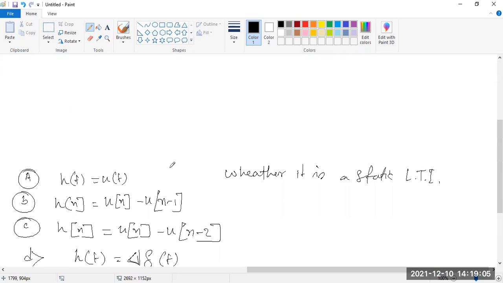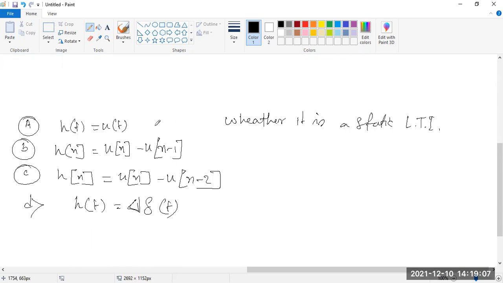Look, if you go for this statement, u(t) means this is a unit step function, so it has no impulse function. Impulse means it only exists at t equal to 0 and does not exist at t not equal to 0. But here it also exists at t equal to so many values.